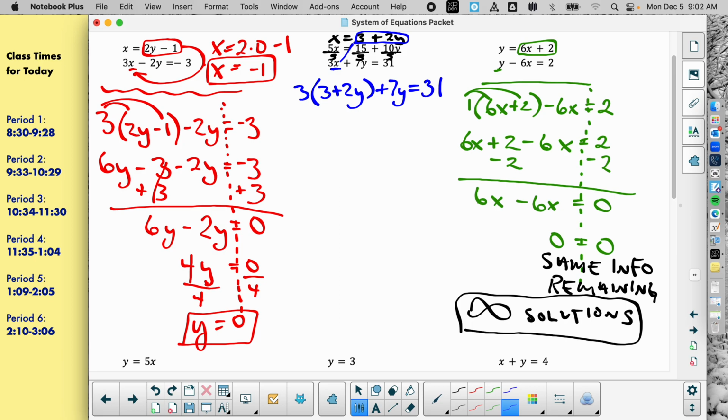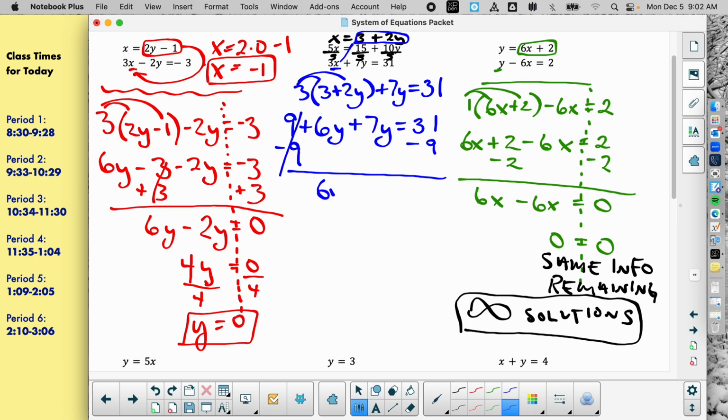I'll go through and finish this one instead of calling on people so that we can go a little bit faster and you guys have time to work. You guys are pretty good that you just know to multiply that out. So 9 plus 6y plus 7y equals 31. It seems like the consensus is to subtract the 9 first. So I'm going to get 6y plus 7y equals 22.